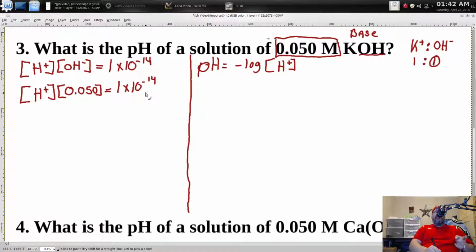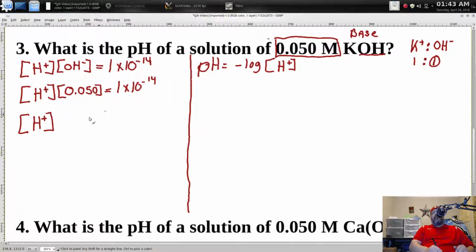Now, let's solve this for the hydrogen ion so we can get the hydrogen ion concentration. Those of you that are great at algebra, all we need to do is divide both sides by 0.050. If you don't understand why we're dividing both sides by 0.050, it's because this reads the hydrogen ion concentration times, just look at these brackets as parentheses, hydrogen ion concentration times the concentration of the hydroxide ion.